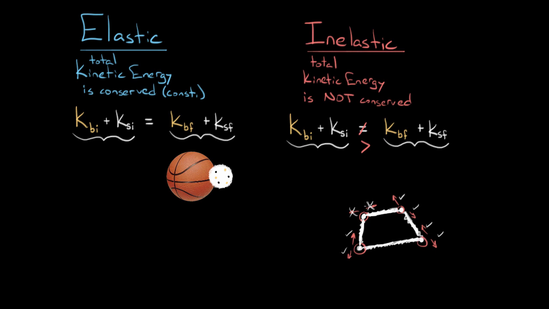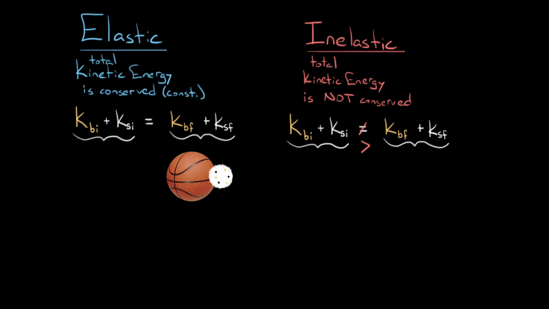In other words, we're not going to include the random jiggling kinetic energy that these atoms and molecules have in this calculation over here. Otherwise, basically every collision would be elastic because, yeah, that macroscopic kinetic energy turns into microscopic kinetic energy. But up here, we're talking about the macroscopic kinetic energy of that entire object moving in a certain direction.